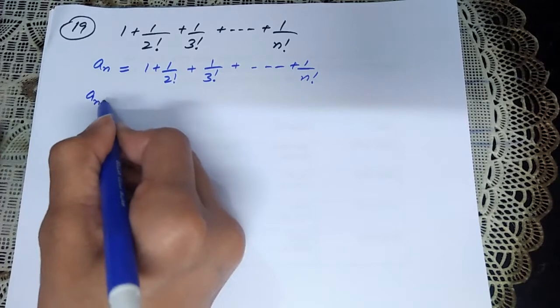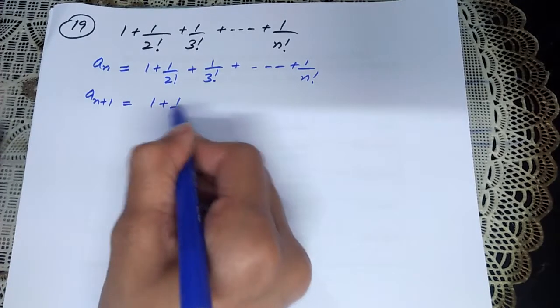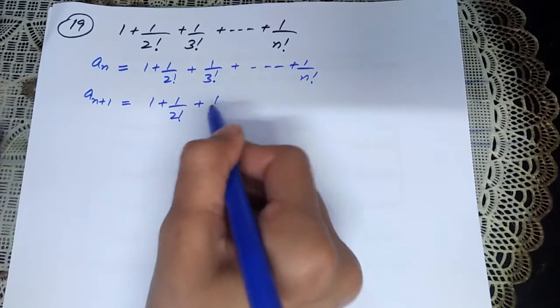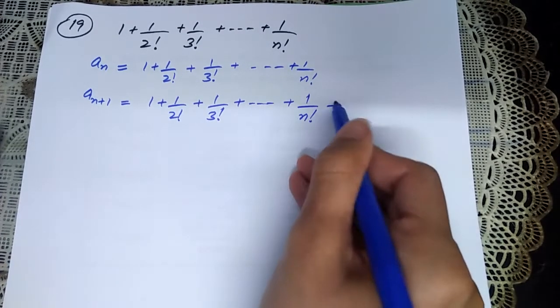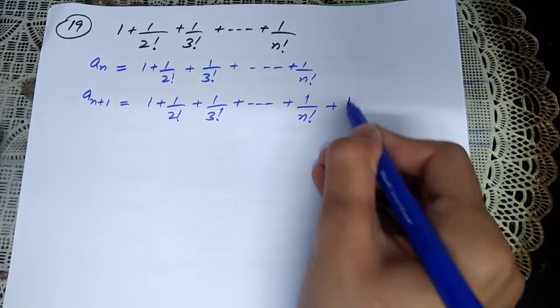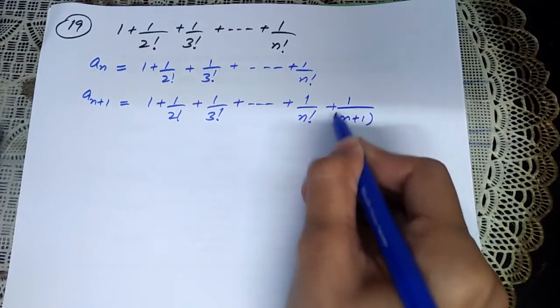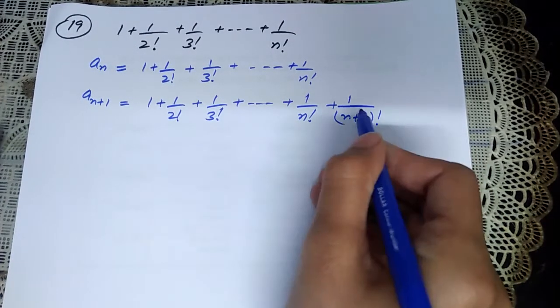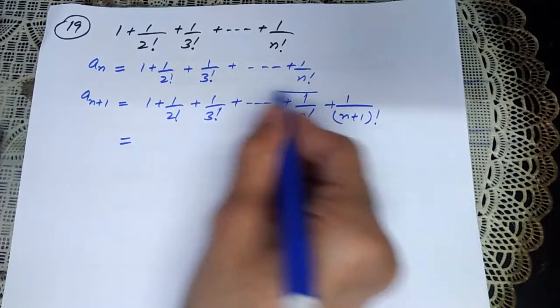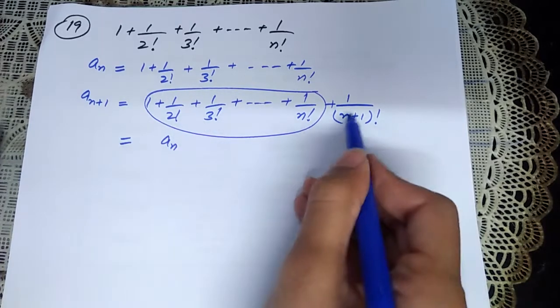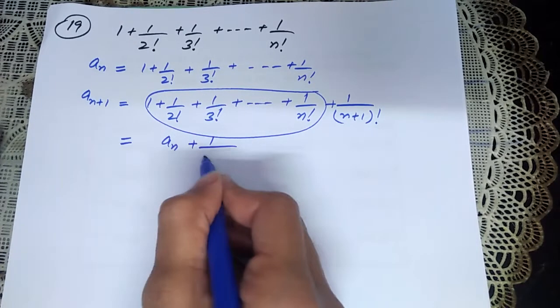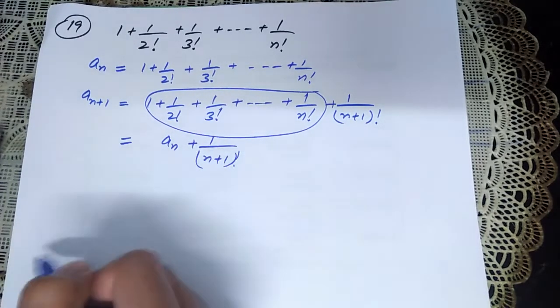Then a_(n+1) will be 1 plus 1 over 2 factorial plus 1 over 3 factorial plus up to 1 over n factorial, plus this extra term that will come here, that is 1 over (n plus 1) factorial. These terms are basically a_n, plus this ending term 1 over (n plus 1) whole factorial.